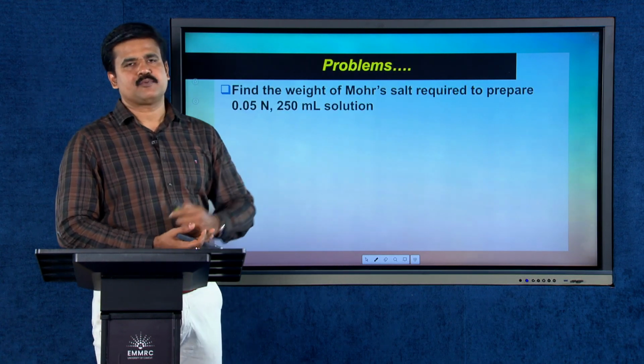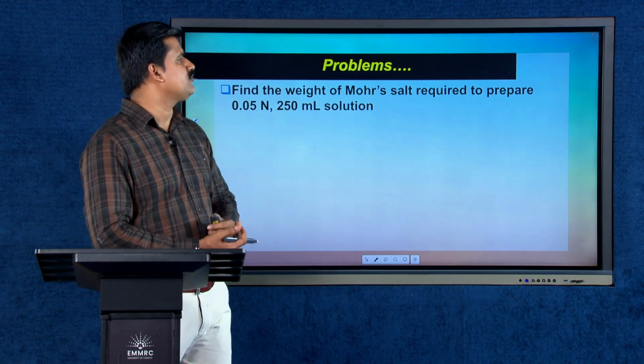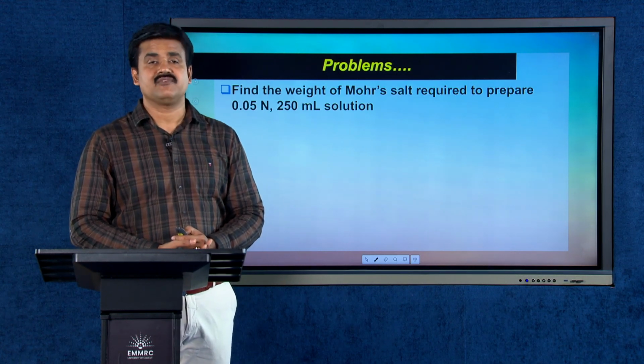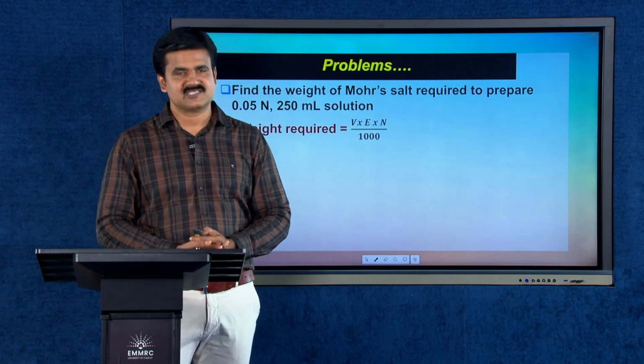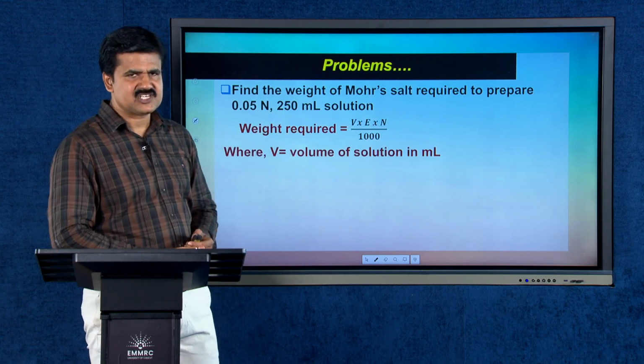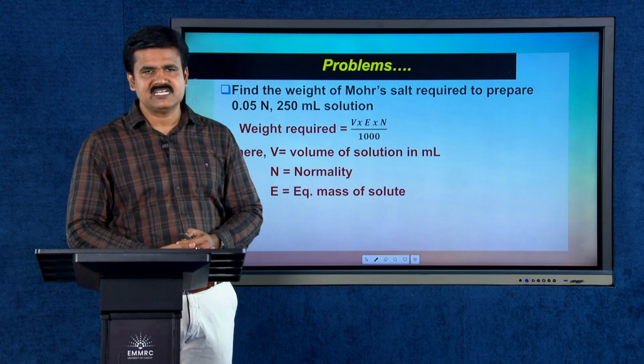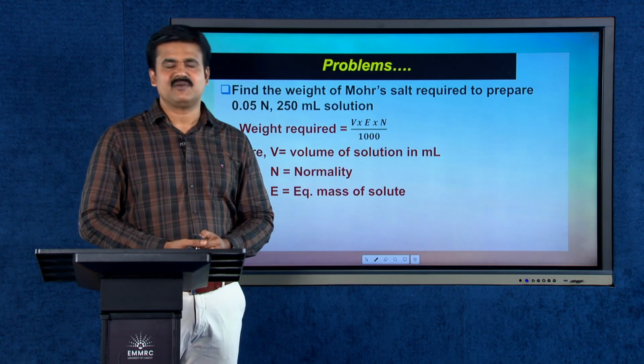Now, another problem: find the weight of Mohr's salt required to prepare 250 ml of 0.05 normal solution. Again, you can use the expression VEN divided by 1000, where V represents volume, N represents the concentration or normality, and E represents the equivalent mass of the solute.